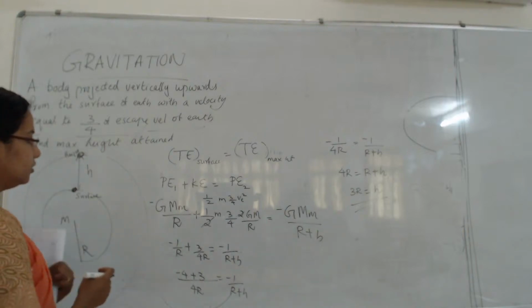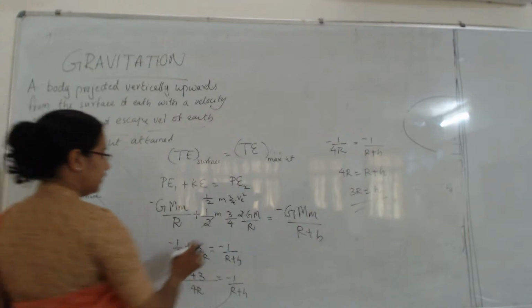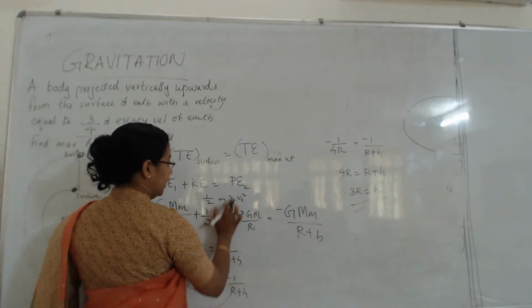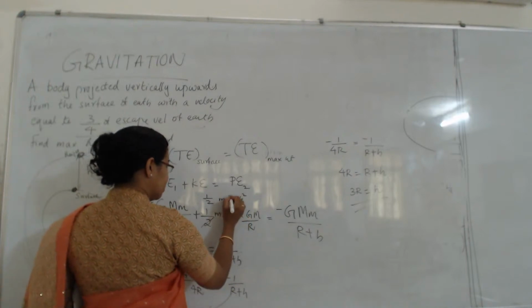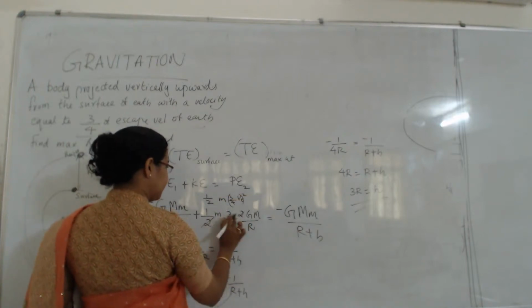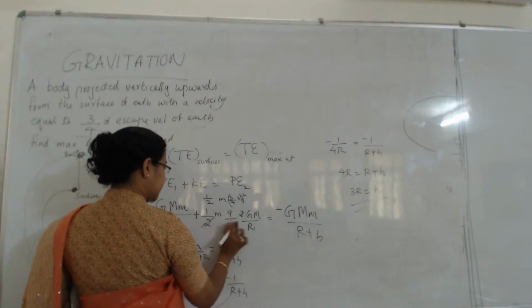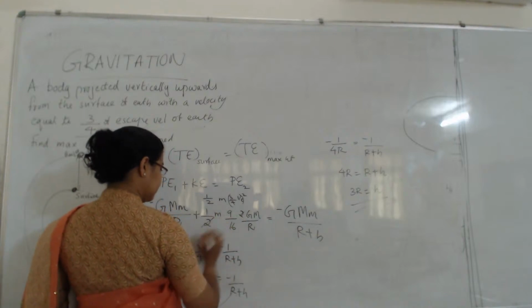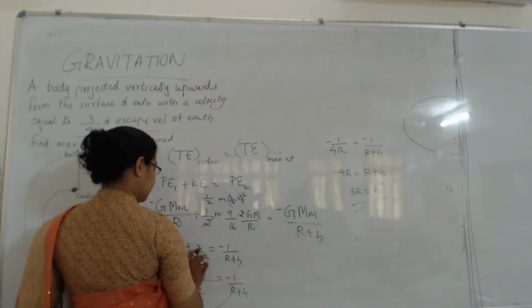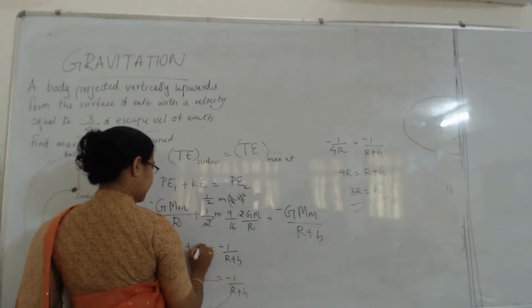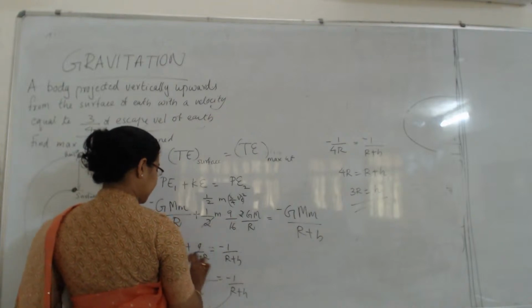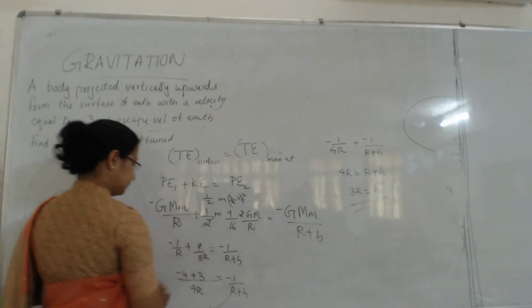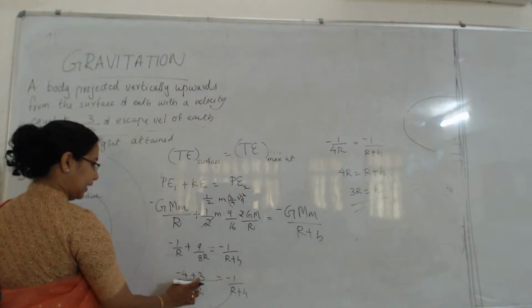Somewhere we missed out. Sorry, here we did not square. Here it is 3/4 of escape velocity, so here we should do 9/16. So again we got it wrong here. So it should be 9 by 8. Here also we can write 8R as the LCM.